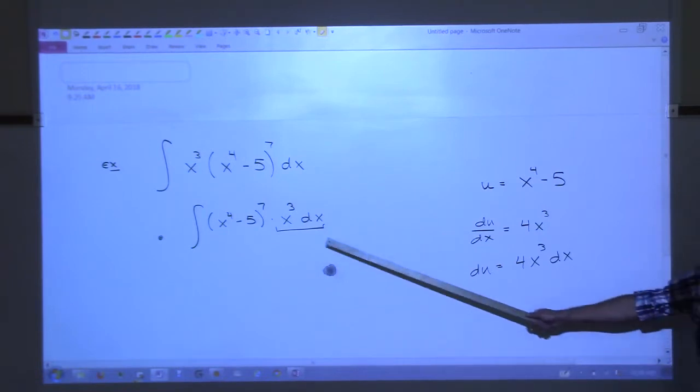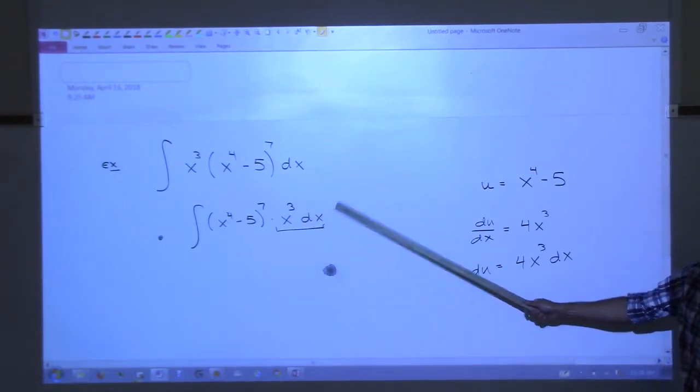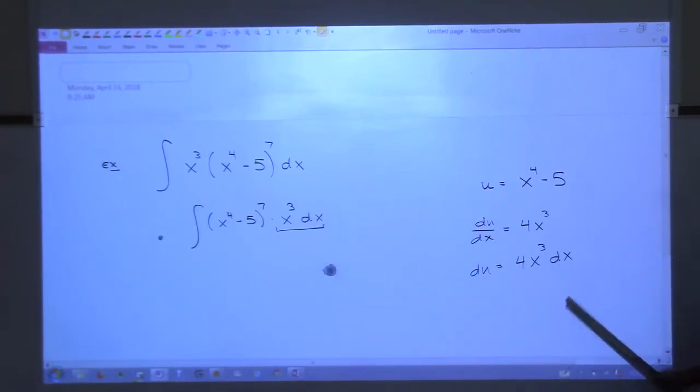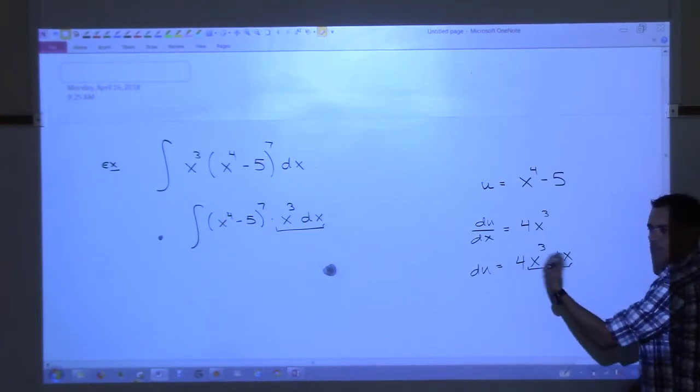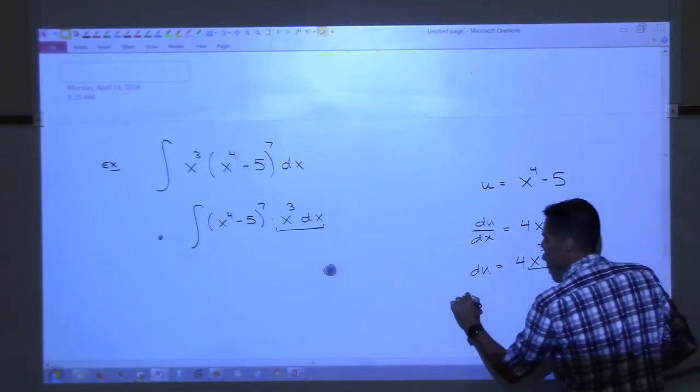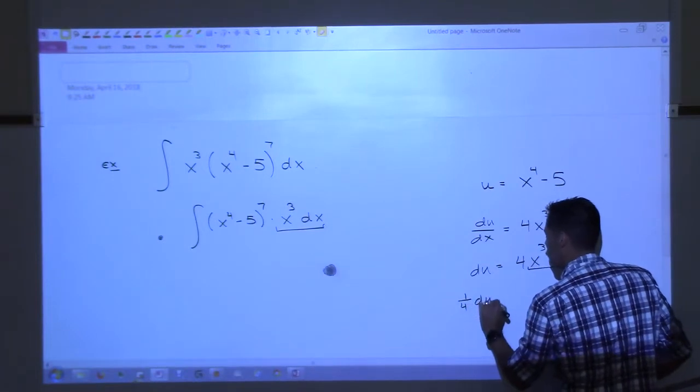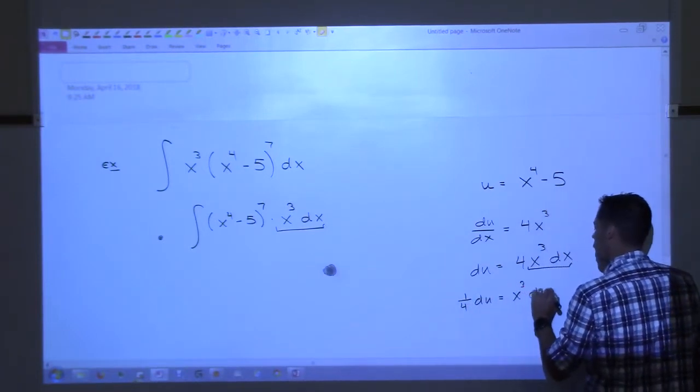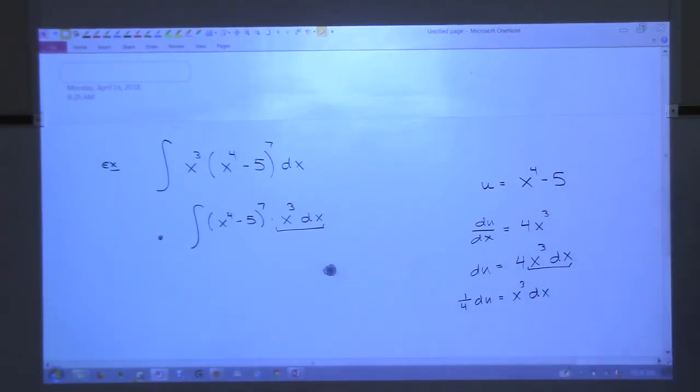Okay, I'm trying to replace x cubed dx, right? Over here, I have 4x cubed dx. So I can just divide both sides by 4. This will become 1/4 du is x cubed dx. Yeah? Now, it's just plug and play time.